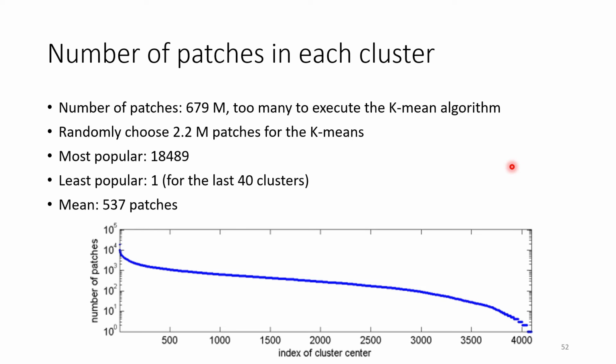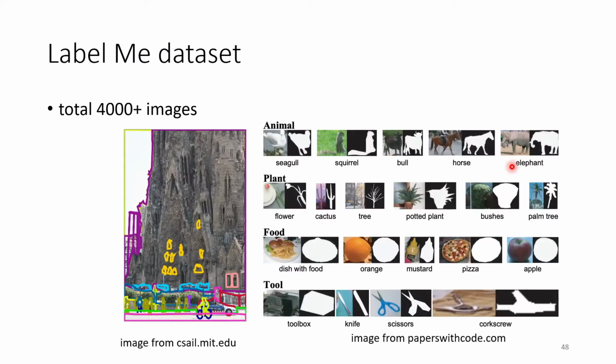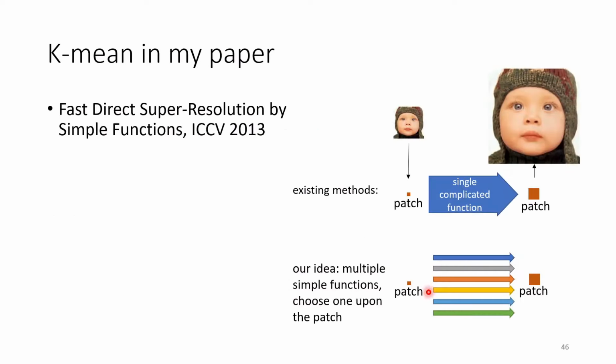It's a huge number, and I want to apply k-means clustering here. This is where I use k-means. Why? Because I want to create several simple mapping functions, but I need to decide the number of mapping functions.